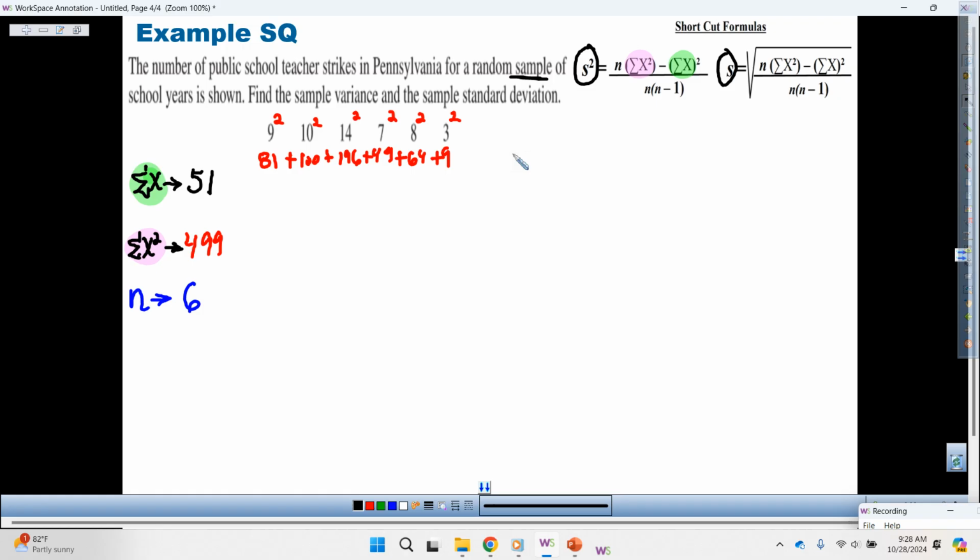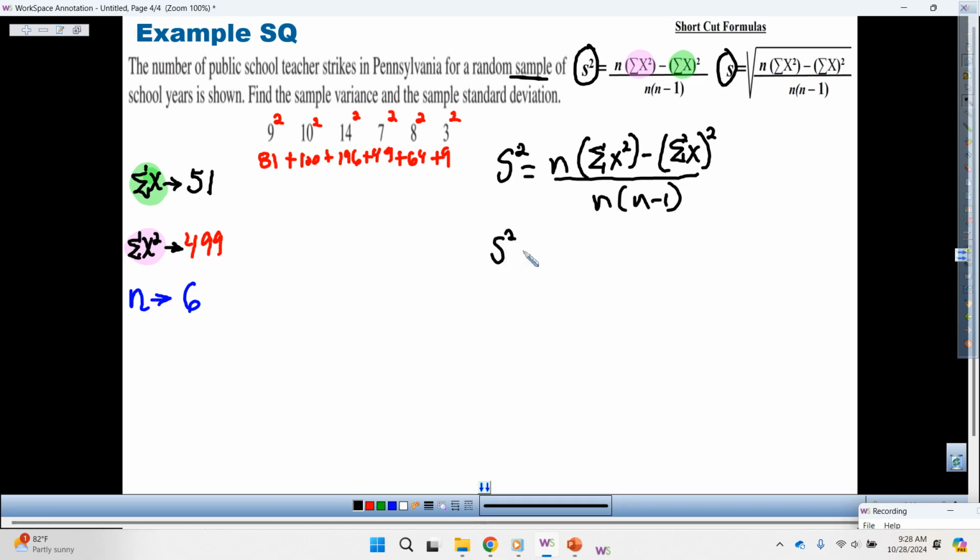So let's follow the formula. Here we go. Variance of sample: we got n. I'm going to write it first so you guys can see it. The sum of x squared minus the sum of x, and I'm going to take that to the second power, and then I got n times n minus 1.